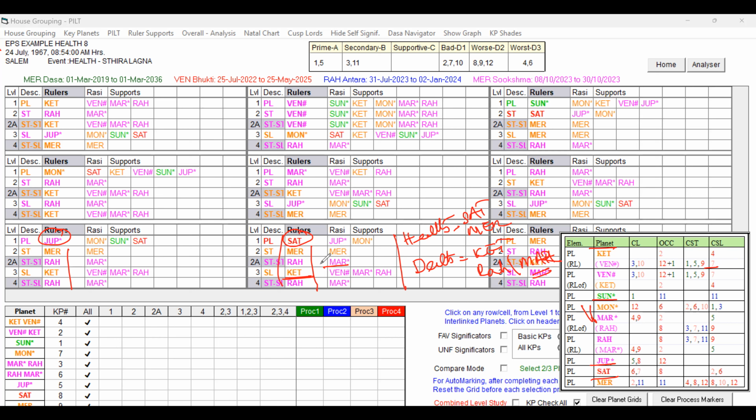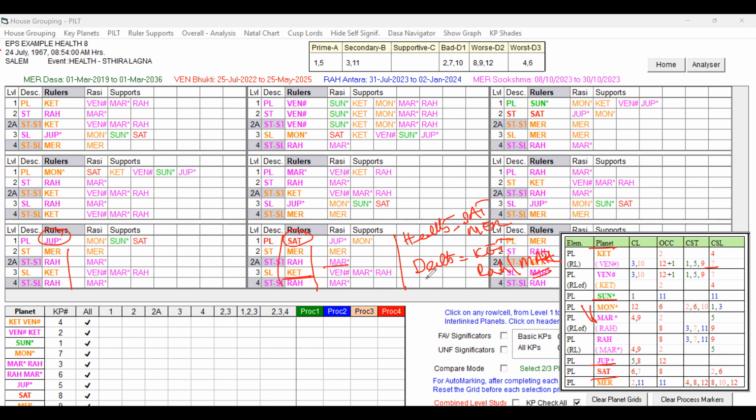So in the Dasa Lord, we have to check which are the unfavorable and favorable key planets. There is no favorable key planet strongly playing a role in the Dasa Lord, Saturn. Now, in the unfavorable, there are two categories. One is the health-deteriorating planet, another is the death-causing planet. So we have categorized these two. Saturn and Mercury are health-deteriorating planets, and Ketu and Rahu are the unfavorable ones.